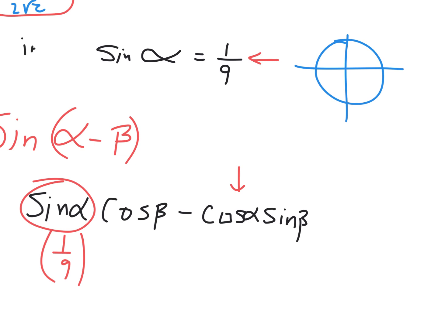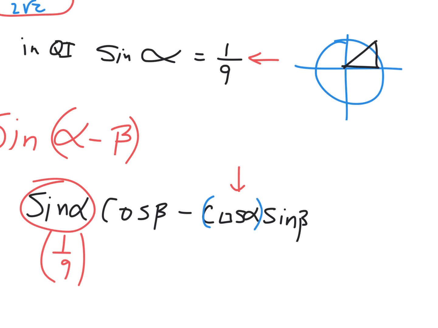I'm going to say in quadrant 1, because there are 2 places this could have been. So I should have said in quadrant 1, you can draw your triangle, you can figure out the opposite and the hypotenuse and then the other side, and then you'll be able to figure out cosine of the angle.